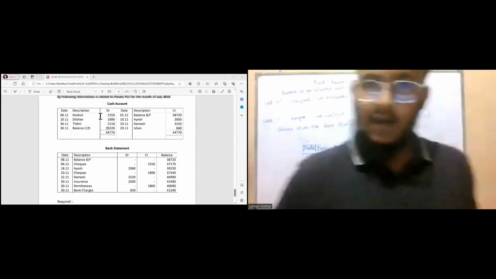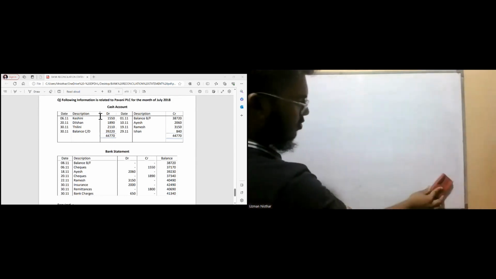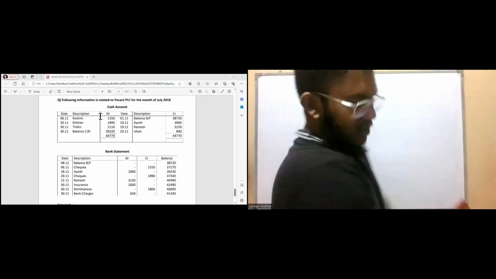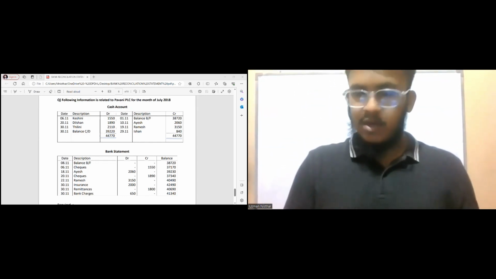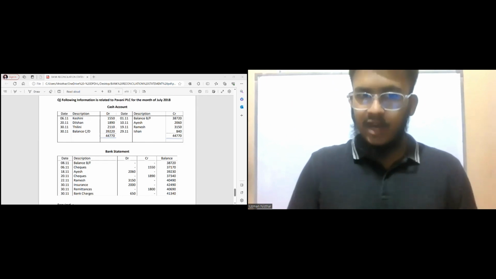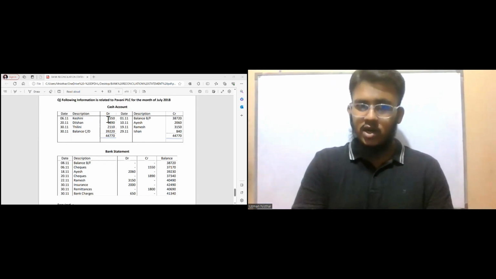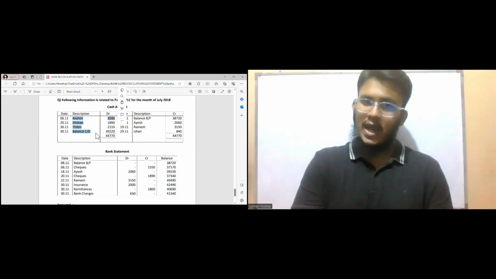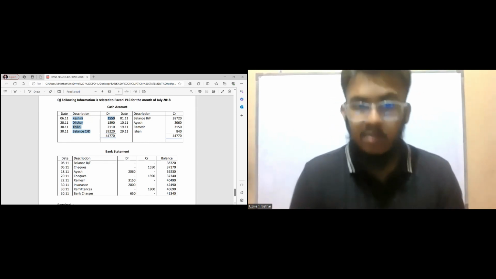Now they have given the cash account. Also, they have given the bank statement. In this situation, we should check both the cash account and the statement which they have given. Why we should check is because some transactions included in the bank or cash account will not be there in the bank statement, as well as some transactions included in the bank statement.